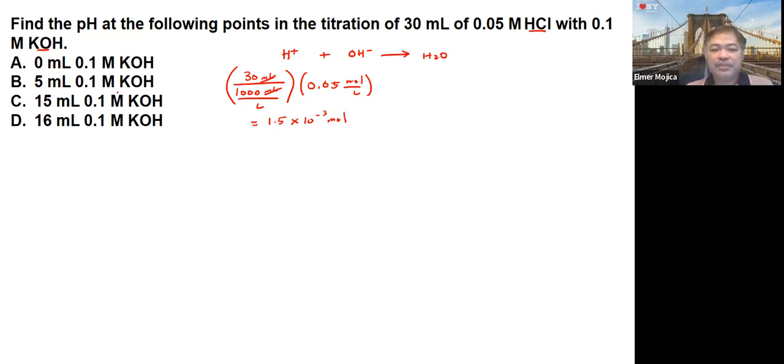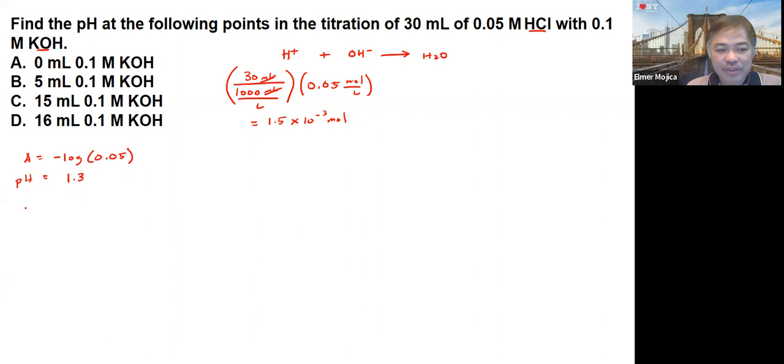Now in the first problem, since there's no KOH added, everything just depends on the concentration, the negative log of the concentration of your HCl. So if you get the negative log of 0.05, your answer here would be 1.30.